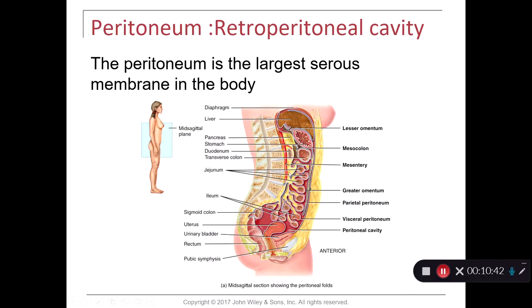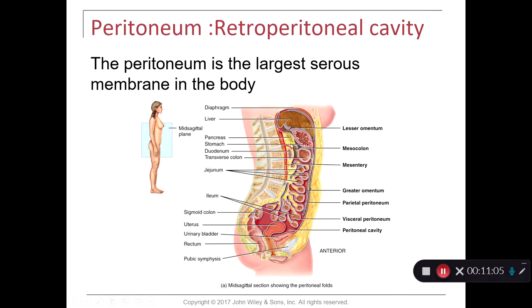But you're going to notice that some of these don't really have a direct, like dangling type of thing going on here, like the small intestines do, like the stomach does. The liver, you can see, isn't completely covered by it. Nor is this thing right here, the pancreas or the duodenum.